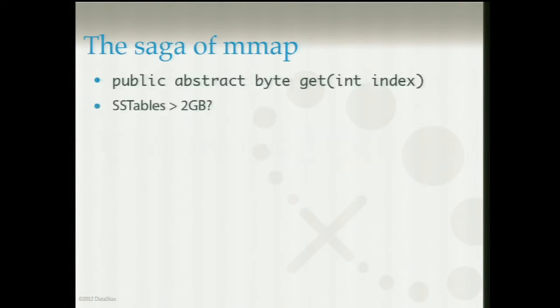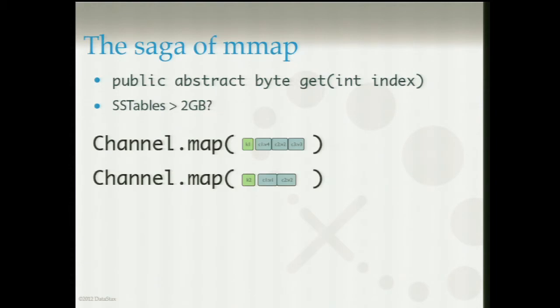Not so fast. The file channel API, or rather the byte buffer API that the channel is backed by, only lets you access, again, 32-bit offsets. And we very frequently have data files that are larger than 2 gigabytes.